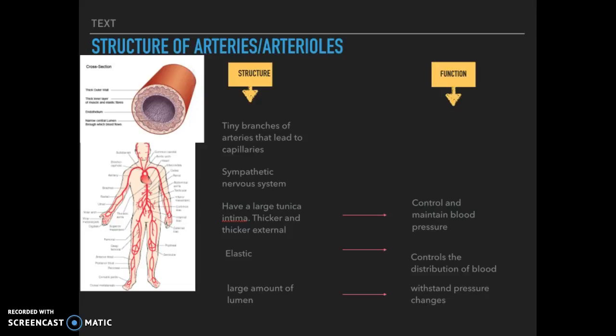It's elastic, which controls the distribution of blood, so they can expand and then get smaller again, which means blood flow can change. And it has a large lumen, which means it can withstand pressure changes because it's bigger, so high pressure blood can be carried down.